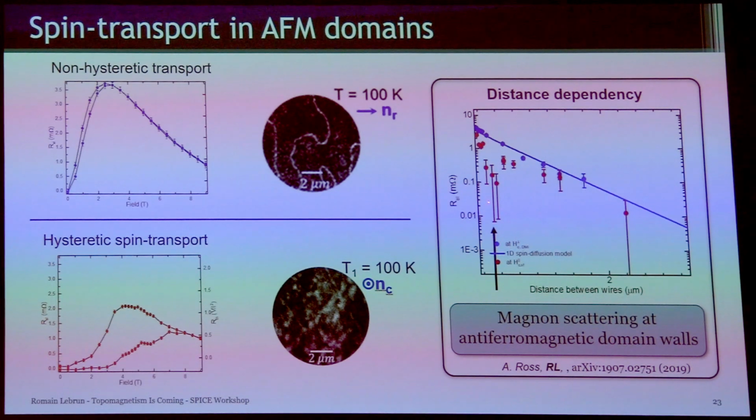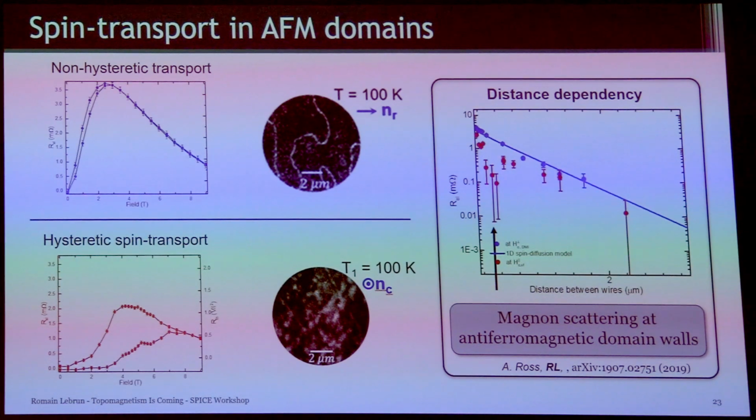We observe a drastic decrease of the signal at small distances, so it's really difficult to propagate a signal above a few hundred nanometers. We can explain this by the fact that as soon as you have a lot of domains with a quite narrow or large domain wall, you can have some magnon scattering at the domain wall. So depending on the size and the width of those domain walls, you will scatter the low-k magnons, which means that the propagating signal that we will be able to detect will be much smaller.